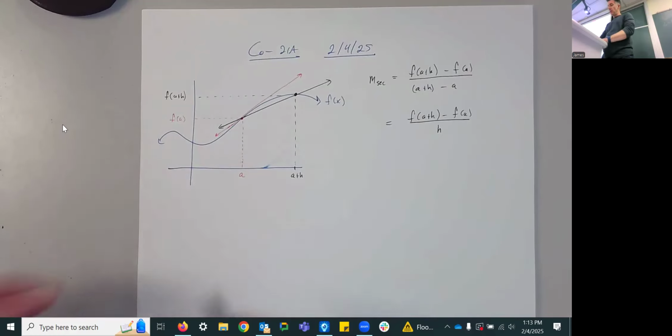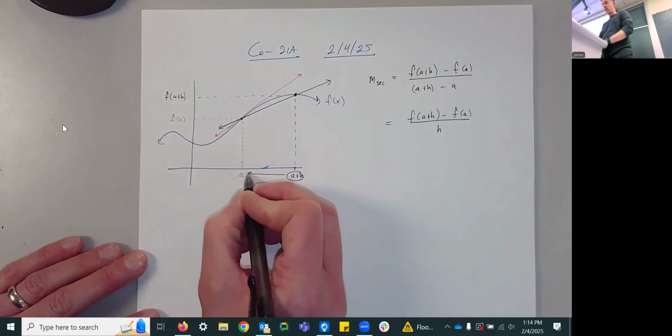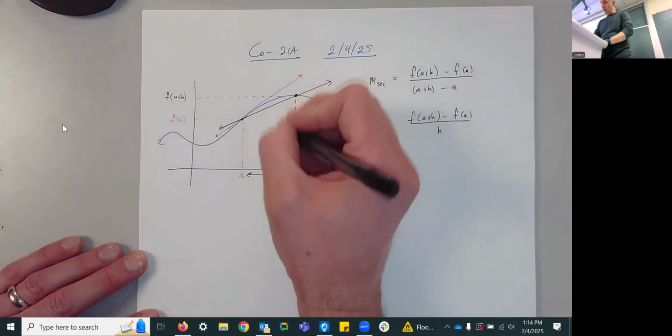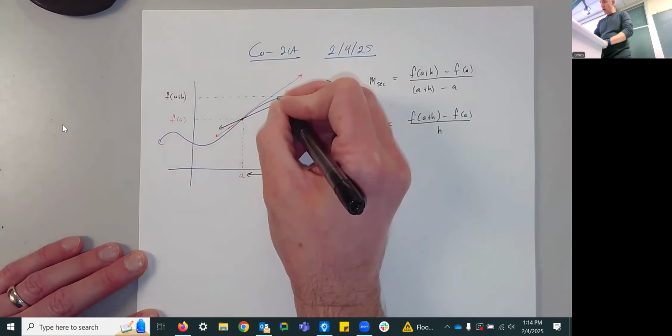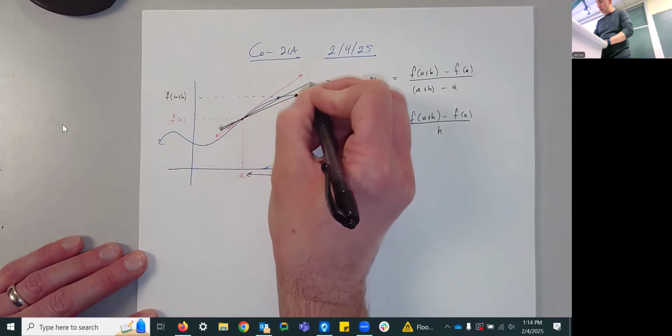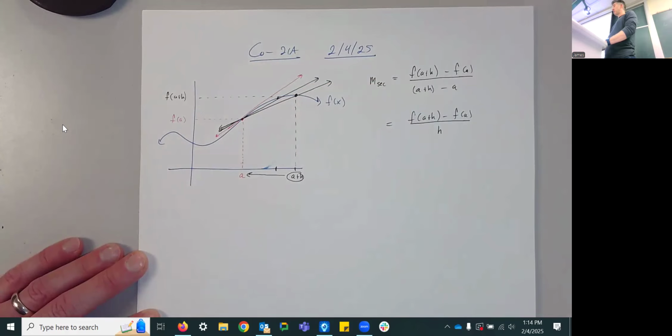And then the idea is if we want to find the slope of the tangent line, what we do is we let this point here move towards that point there. So if we move it a little bit closer, like say it's right here now, well, then if we draw the point there, our secant line, which things are probably going to get a little bit messy here, now has a slope that has gotten closer to the slope of the tangent line.